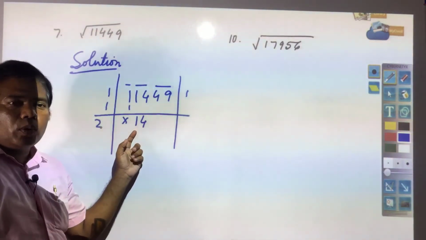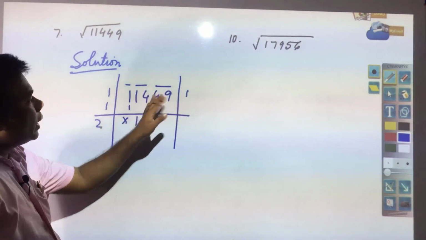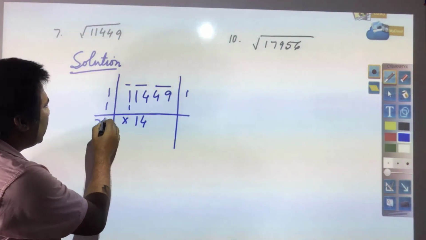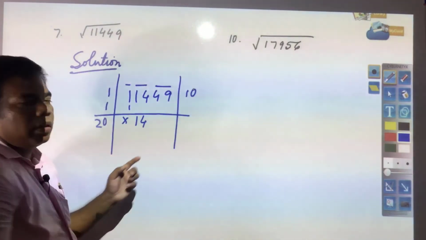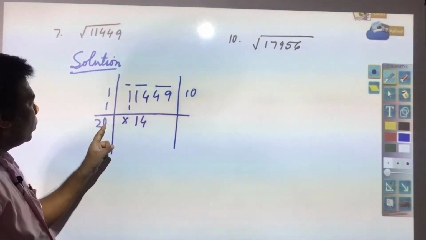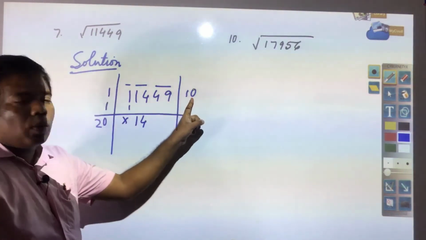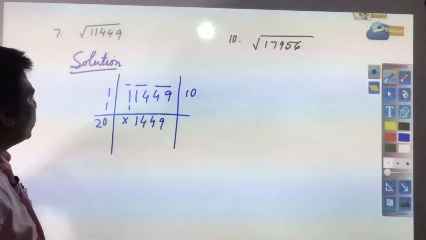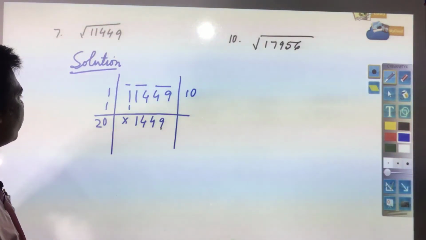So, what we need to do? We need to take down the next period, and for that we need to put 0 over here and here as well. For taking down next period, we need to put 0 over here and in quotient also. So, here you have 49. Now, you see how many times it will go.